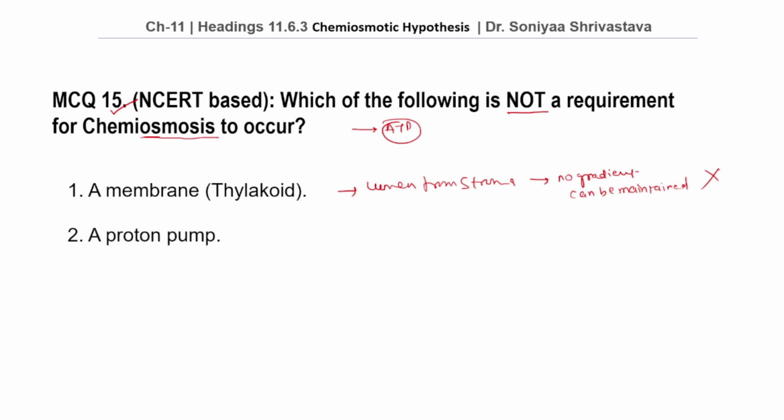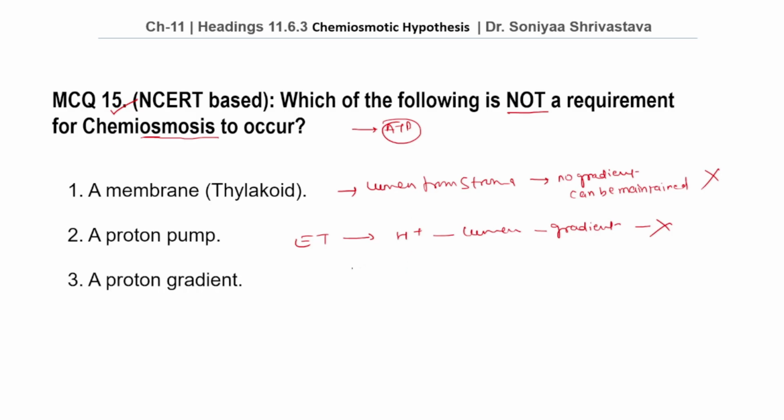Option number 2, a proton pump. The proton pump uses energy from electron transport to move protons into the lumen and build the gradient. Therefore, the proton pump is also essential. Therefore, this option is also wrong.